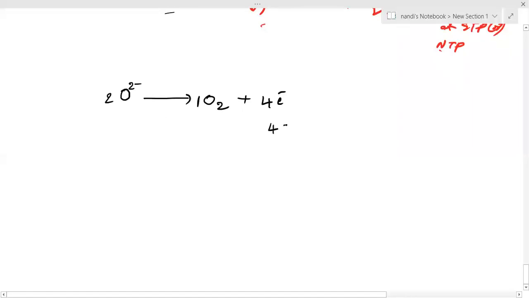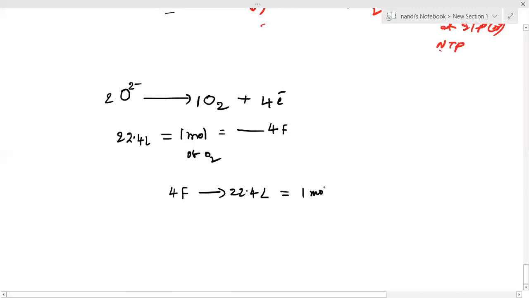Nothing but 4 Faradays. 4 Faradays equal how many moles of O2, sir? 1 mole of O2. Is it correct? 1 mole is how many liters at STP? 22.4 liters. Now for 1 Faraday, everything is related to 4 Faradays. So 4 Faradays here, I am getting 22.4 liters or 1 mole of O2. Then 1 Faraday, how much?